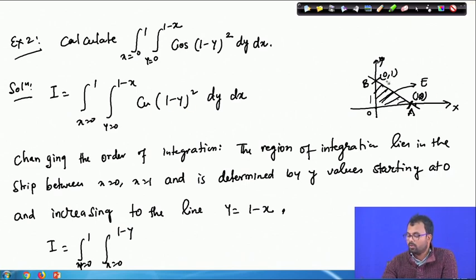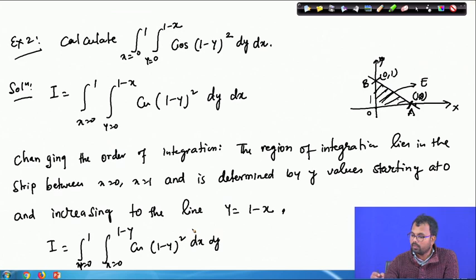Since here we don't have two sub-regions like a parabola and a straight line, just this straight line and the usual coordinate axes, it's very easy to calculate the range for x and the range for y. So now we have cos of 1 minus y square dx dy.